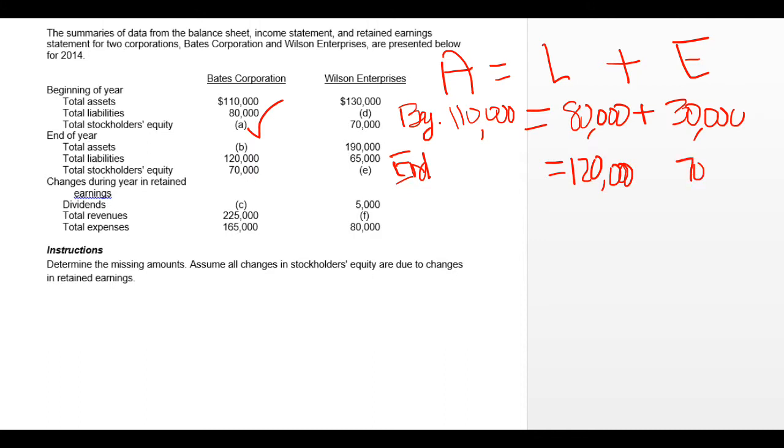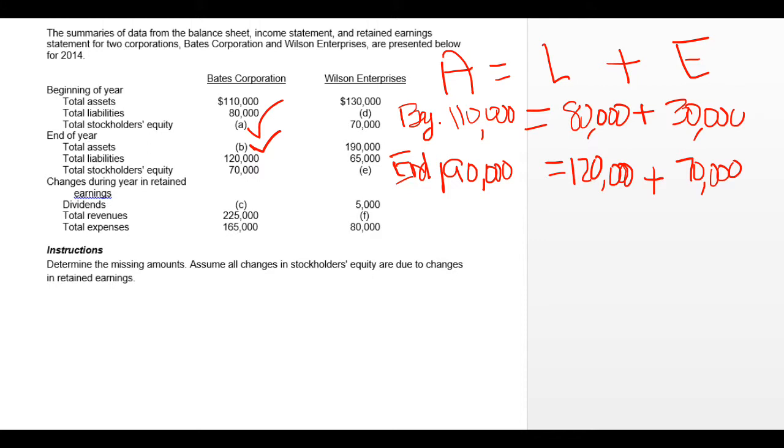I'm going to write that right there. And I know that if I add these two together, 120,000 plus 70,000 gives us 190,000. And if I know that both sides have to be the same amount, therefore your total assets must be 190,000. So that would be the answer to part B.